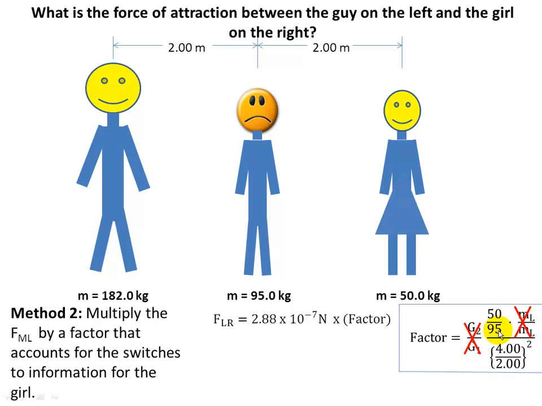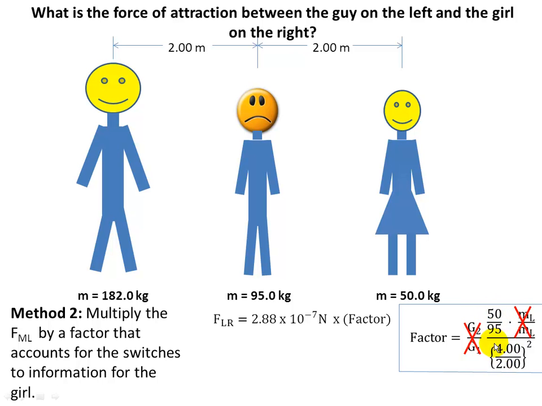But we have this fraction for the mass: here we have the girl's mass on top, which is the after situation, and the guy in the middle's mass for situation 1. So we have the before and the after situation there. The after divided by the before.